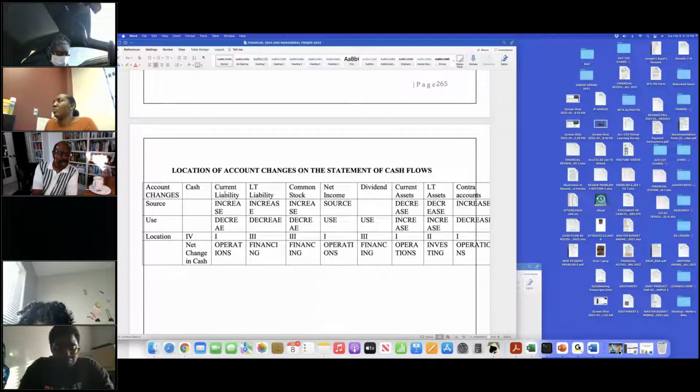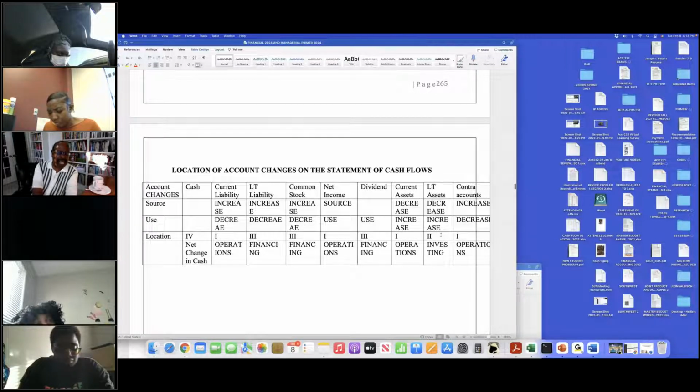They didn't increase too much. So it's all of these current items that we look at to see if there was cash in operations. For long-term assets, if we have cash there, if it went down, that means we're expanding. That's good. If it went up, that means we sold some.